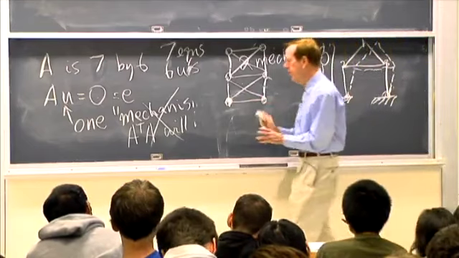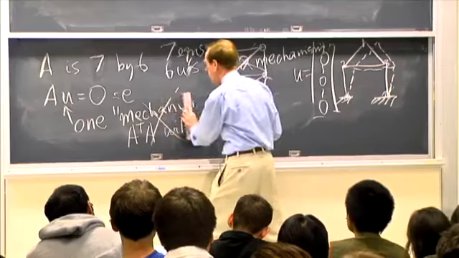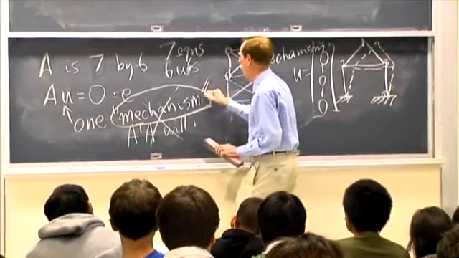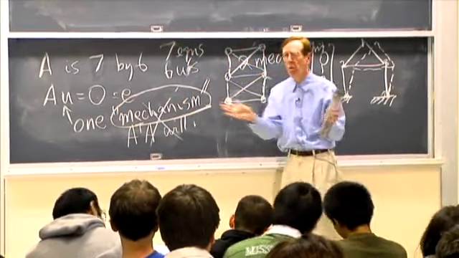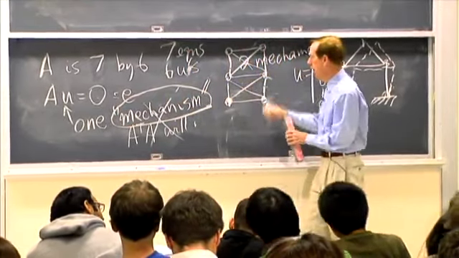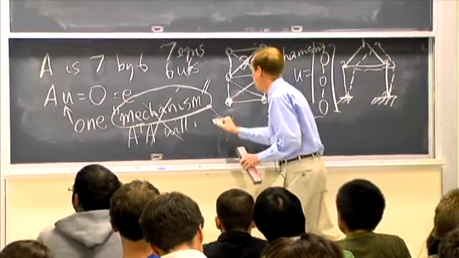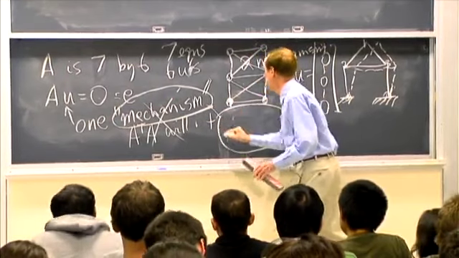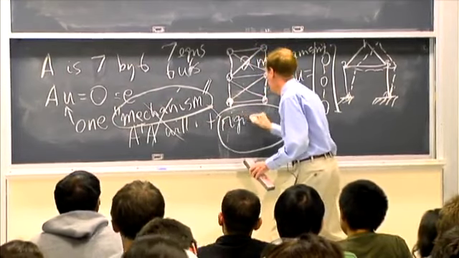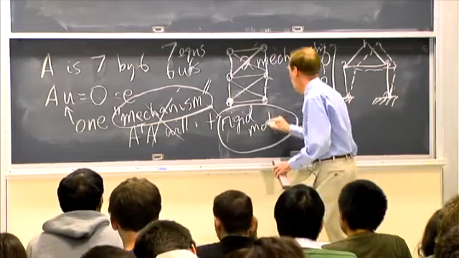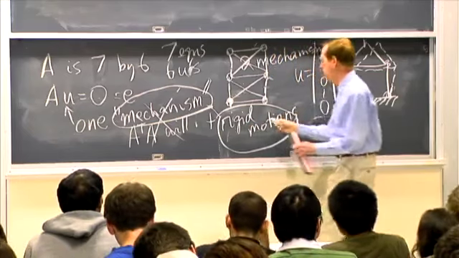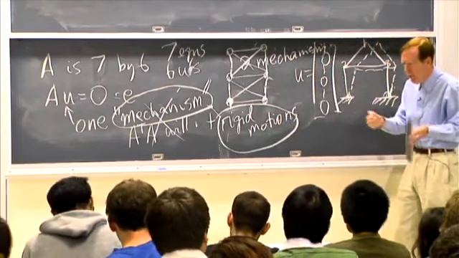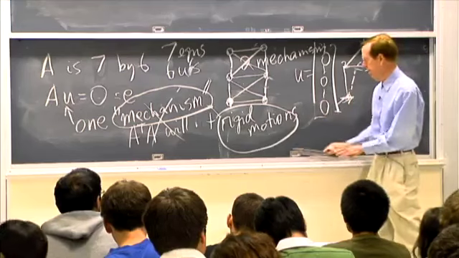So I sort of distinguish mechanisms, this word mechanism. So that's where the truss deforms. In these, I'll say plus, possibly, plus rigid motions, and rigid motions would be, it doesn't deform internally, the whole thing moves.